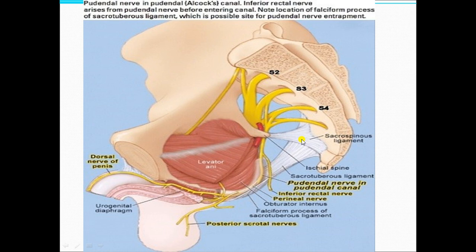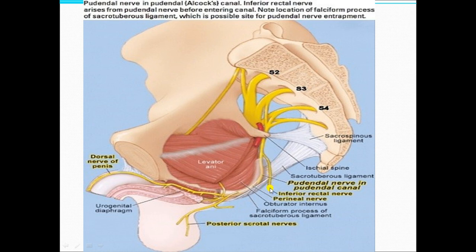In this diagram, this is the pudendal canal region, and here we are seeing the inferior rectal nerve. This inferior rectal nerve descends downwards and laterally and enters the ischiorectal fossa.